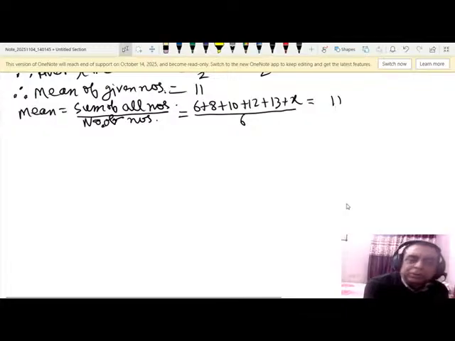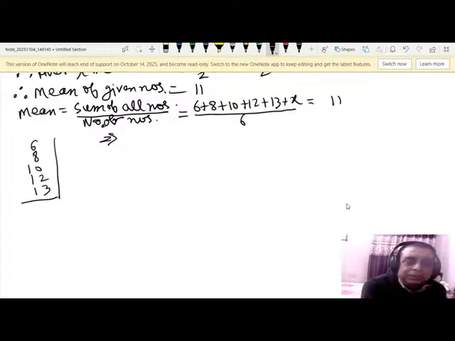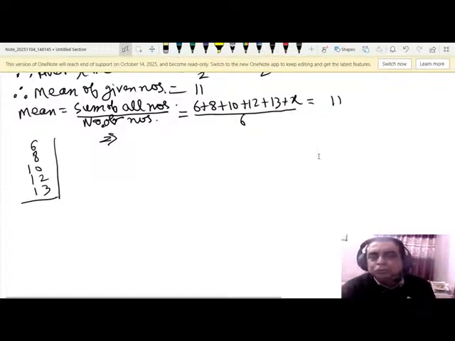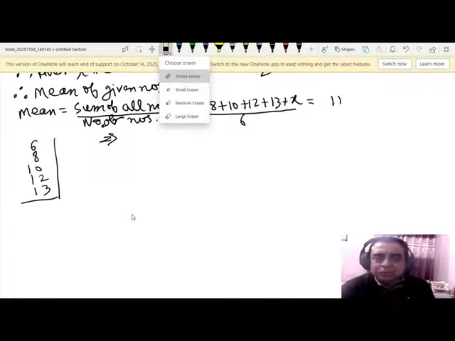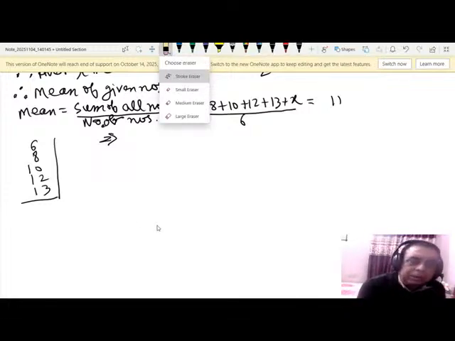Now solve this equation. Add up all the numbers on the top. 6 plus 8 is 14. Now you may use a rough column. Always use a rough column on the right side of the page, not on the left.